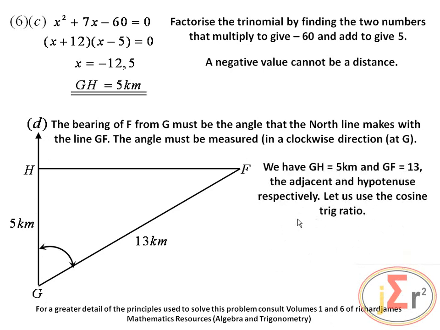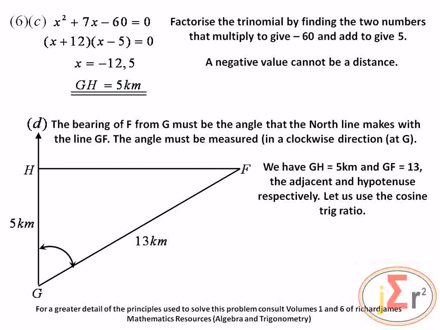We have GH is 5 kilometers and GF is equal to 13 kilometers. So this is the angle that we are talking about. This side is adjacent to the angle and this side is the hypotenuse. The trig ratio that has adjacent and hypotenuse is the cosine.